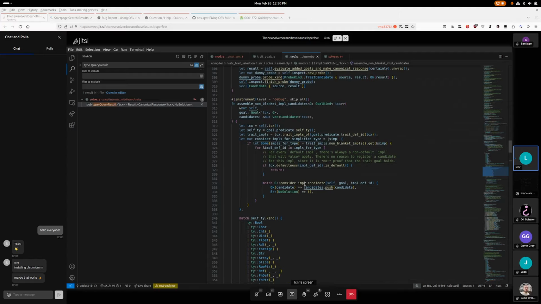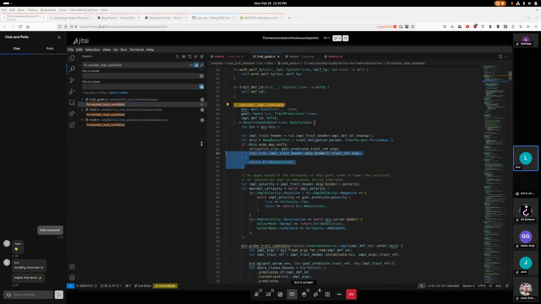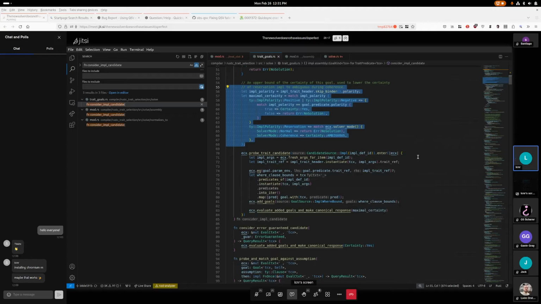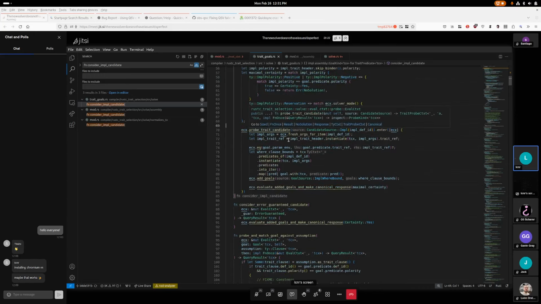For each impl, we use consider impl candidate, which for trait goals does some performance optimization, checks the impl polarity, which doesn't matter, and then enters a probe, which means that any inference constraints from inside of this don't propagate outwards, which is all right because in this last line, we canonicalize using all these inference constraints, so we don't need them after that anymore.